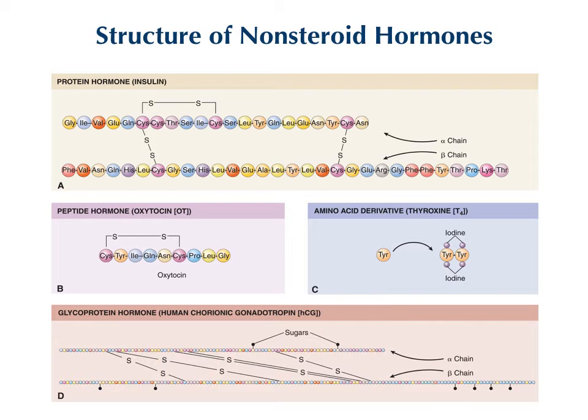Oxytocin, shown in B, is a pretty small peptide hormone. And then you can see in C that T4, thyroxine, is an even smaller amino acid derivative hormone, which is bound to iodine. Hence the importance of iodine in our diet.